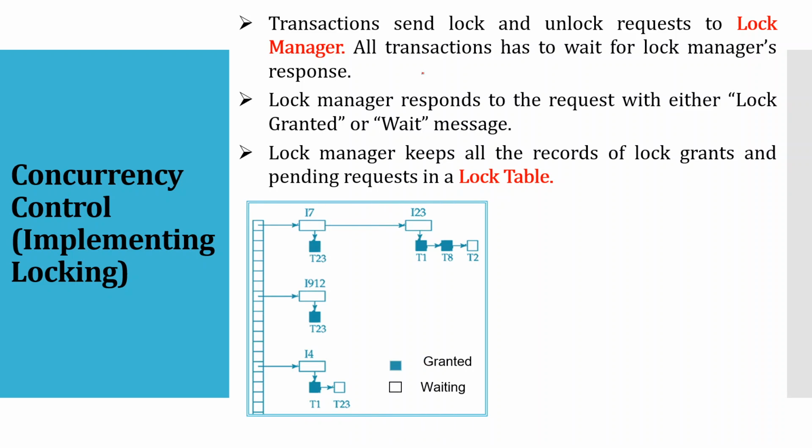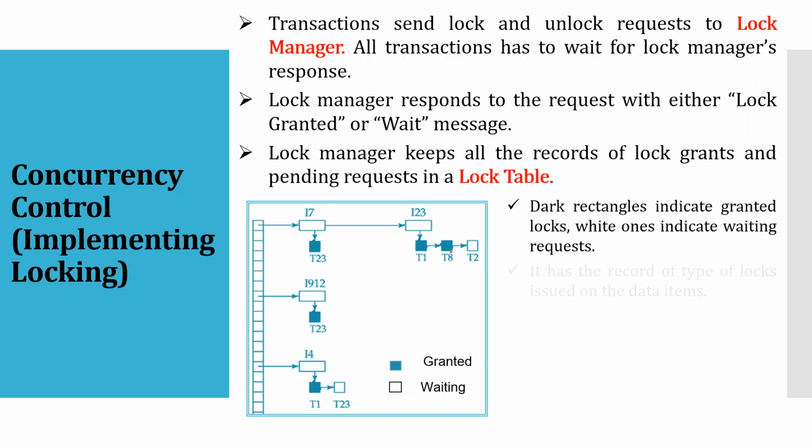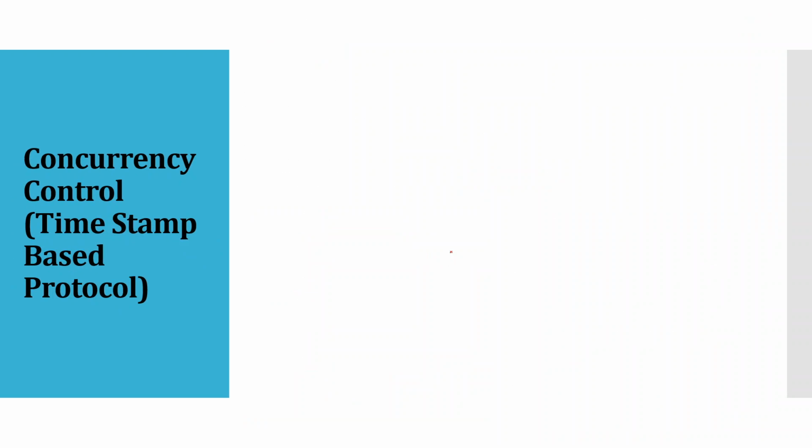The lock table looks like this, where the dark ones are already granted locks and only the square boxes are the waiting locks, or the transactions waiting for that particular lock. So this is what lock management is, and we stopped at this particular point, that is the timestamp based protocol. So we are going to start from here, the timestamp based protocol.